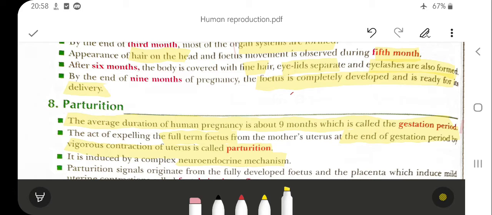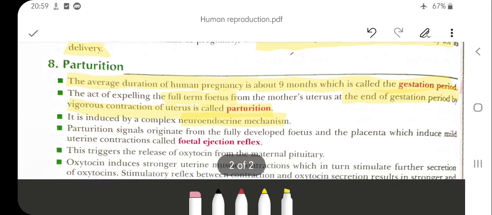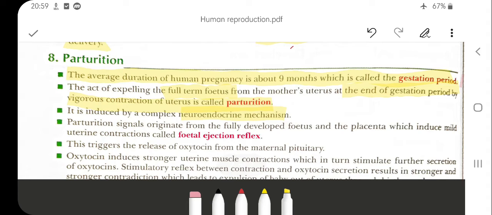A message will go, and then there will be the release of a hormone, and that hormone helps in giving the vigorous contraction as well as the delivery of the child. The parturition signals originate from number 1, the fully developed fetus, and number 2, the placenta.